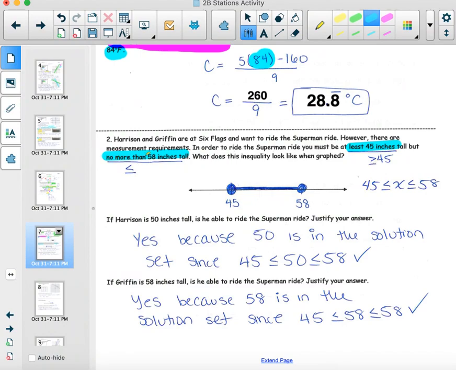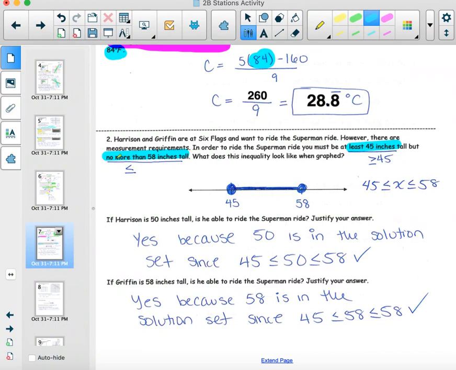And no more than. Okay, so think about this with money. Say I'm going to the grocery store and I can spend no more than $20 on groceries. I could spend $19 on groceries. I could spend $20 on groceries because I'm spending no more than the 20, but I could not spend $21.